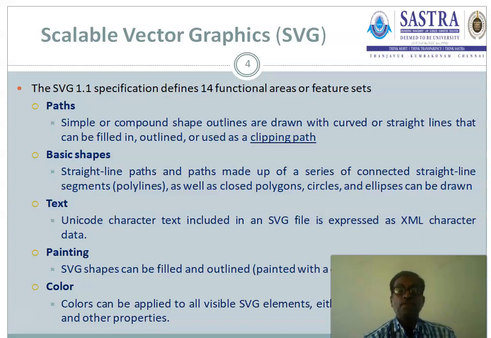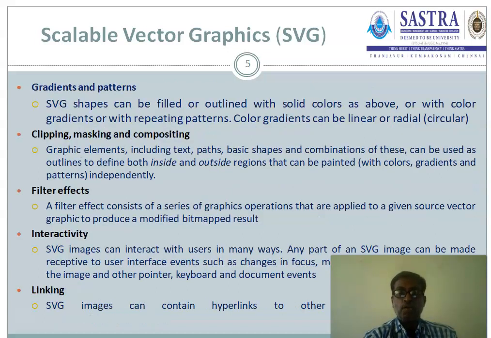Color can also be applied to SVG elements, either directly or via methods like fill and stroke. Through the fill and stroke properties, we are able to apply a specific style, or you can directly include the color related aspects in the SVG elements.